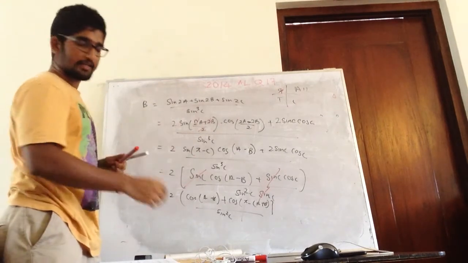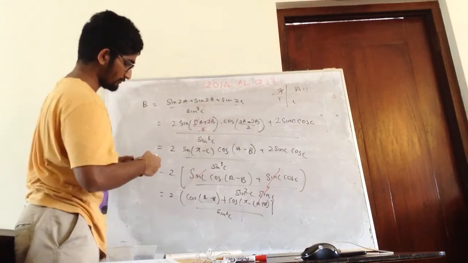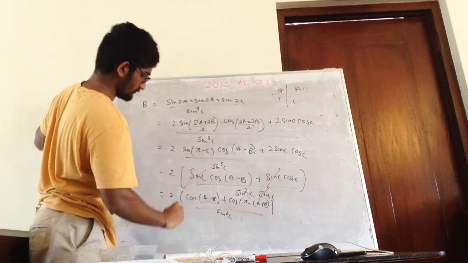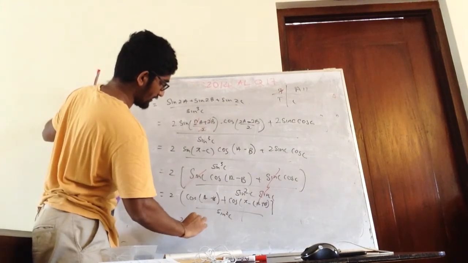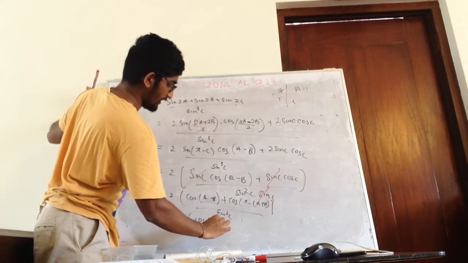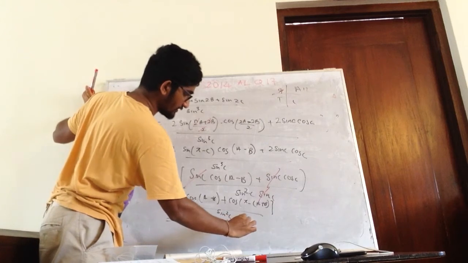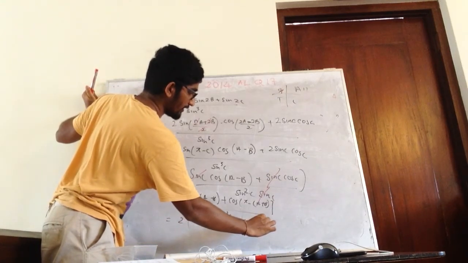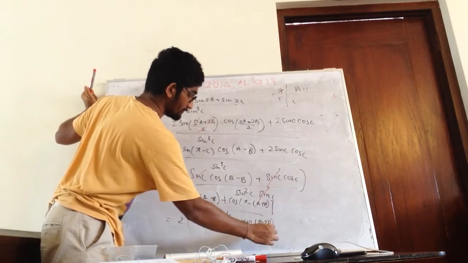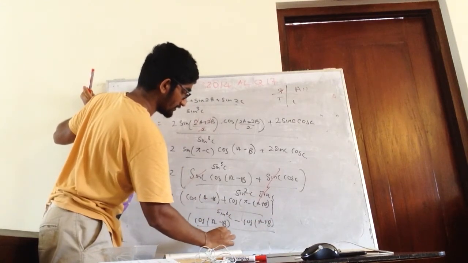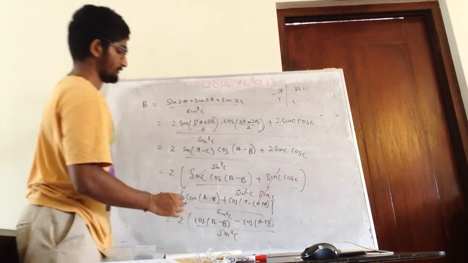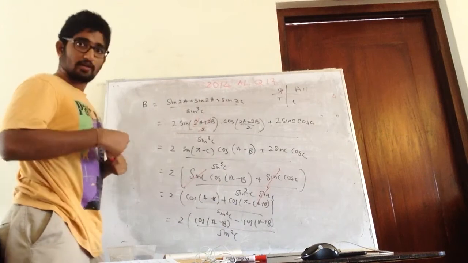So then you will get 2 times cos (A minus B) minus cos (A plus B) over sin square C. Right?